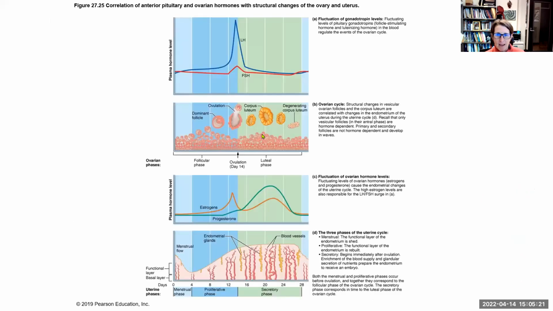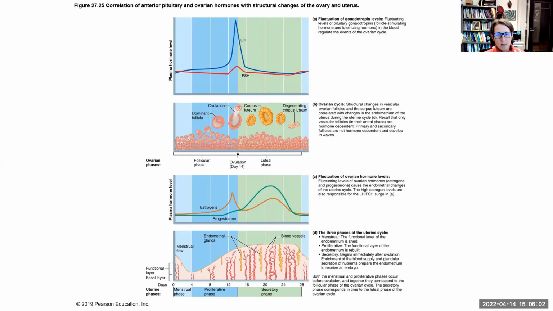If I have a pill with both of those and both stay elevated, that does almost 100%, 99% job of preventing ovulation, because these are high, so it's a negative feedback loop. So I am preventing the LH and the FSH from secreting, and so I'm preventing meiosis. I'm preventing the development of these primary oocytes into secondary oocytes into a fertilizable egg that has ovulated. So we're going to prevent ovulation because we're preventing meiosis.